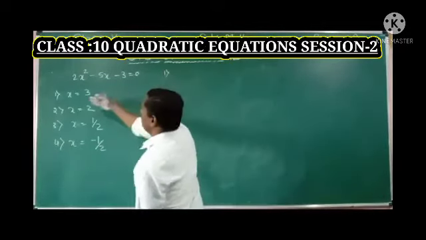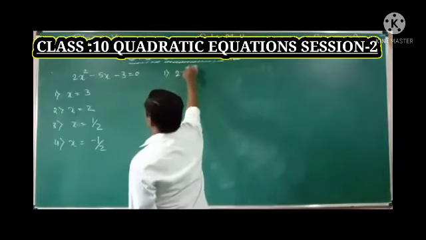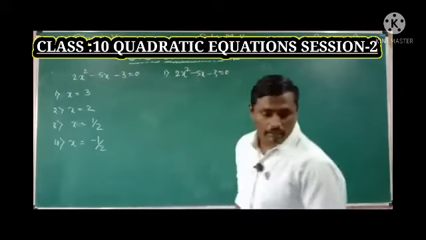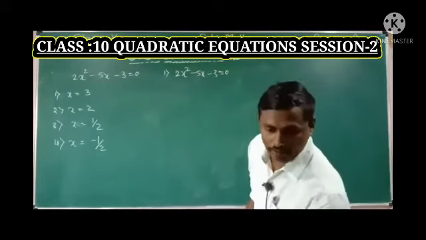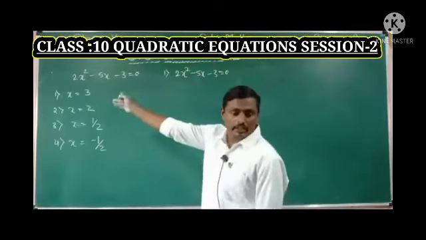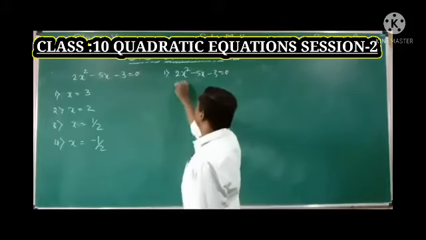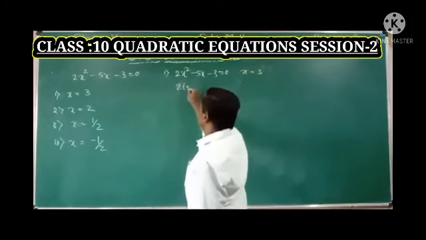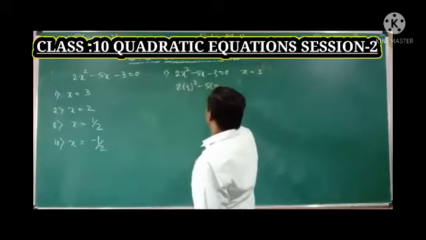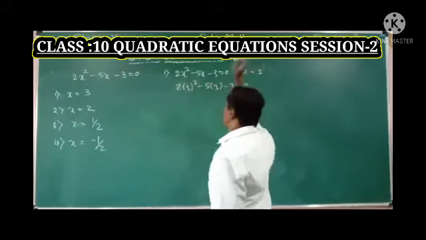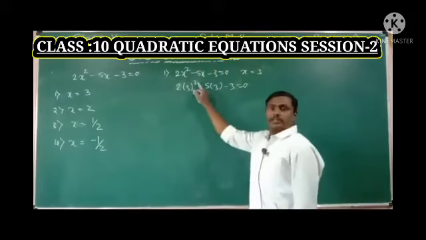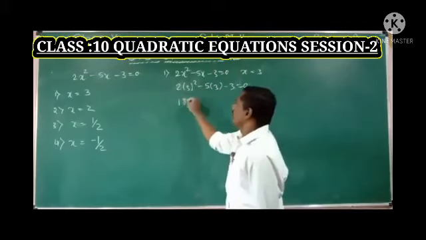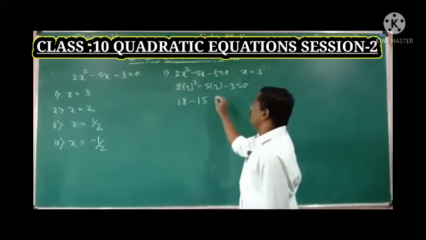So for the first one, 2x square minus 5x minus 3 is equal to 0, and the x value is 3. Substitute the x value: 2 into 3 square minus 5 into 3 minus 3. 3 square is 9, 9 2s are 18, minus 5 3s are 15, minus 3.